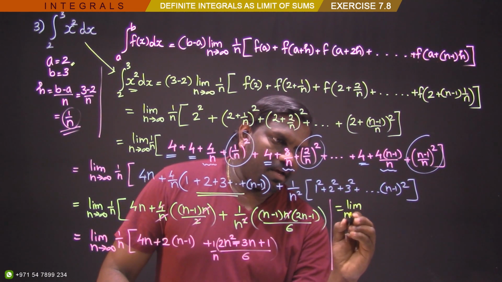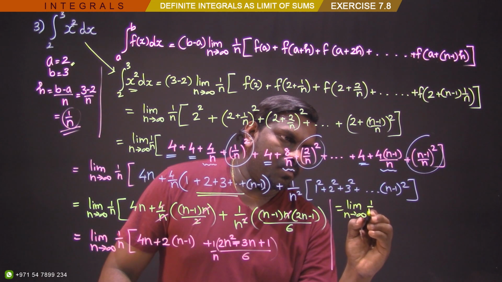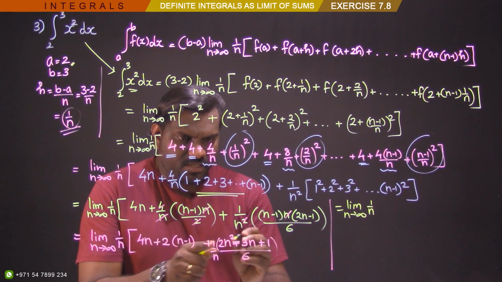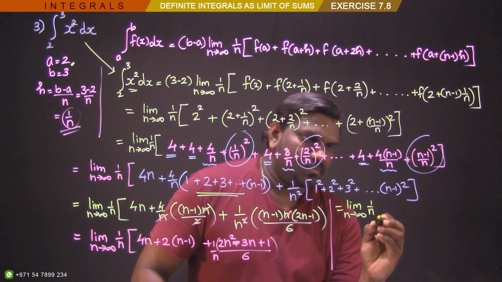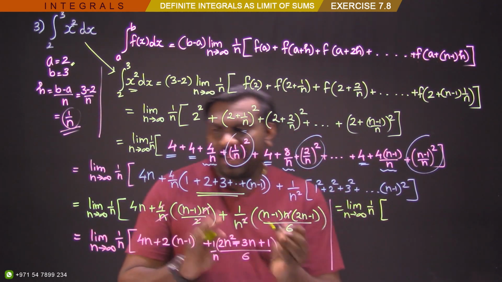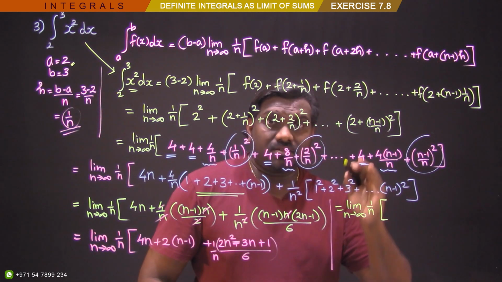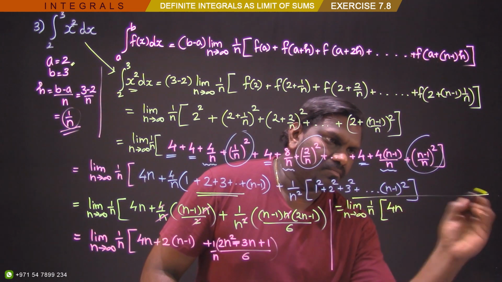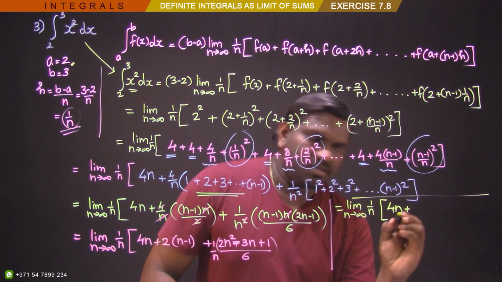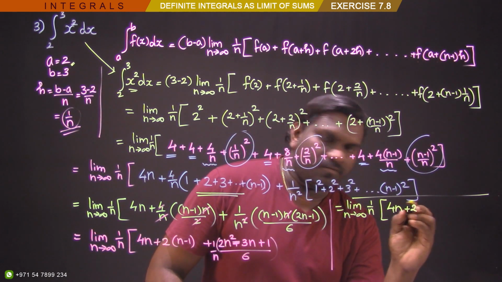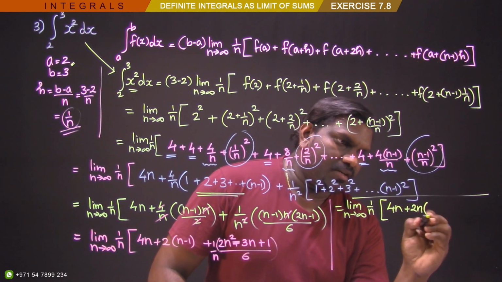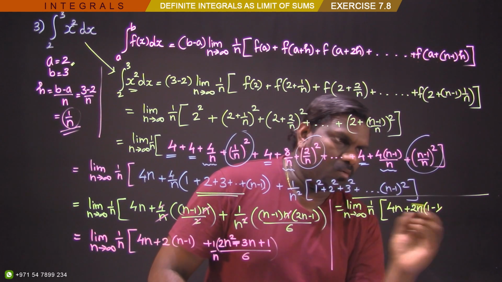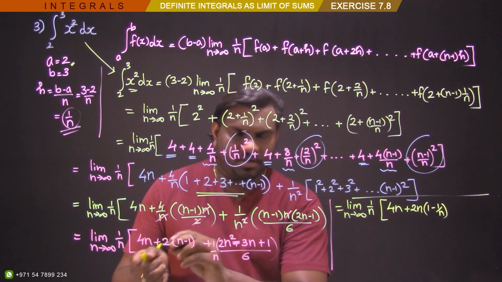So once you have that, what I'm going to do? Limit n tending to infinity 1 by n, and as you can see here, I will take n square first of all, and then write the step with n taking out. Let's see the steps very carefully. 4n, and yes 4n. Then I'm going to take an n here itself, and if I take it out, it will be 1 minus n from here.